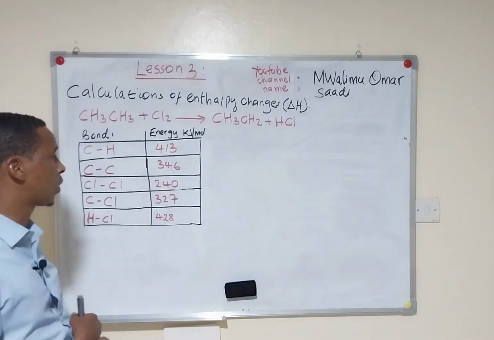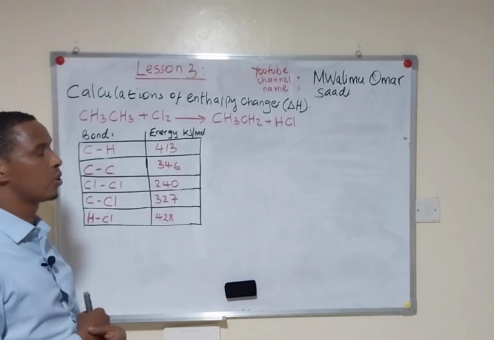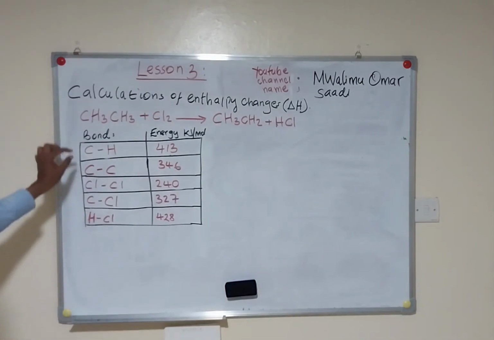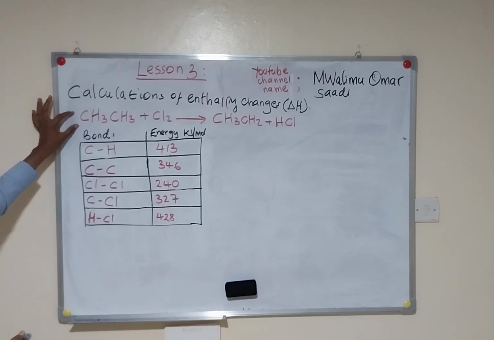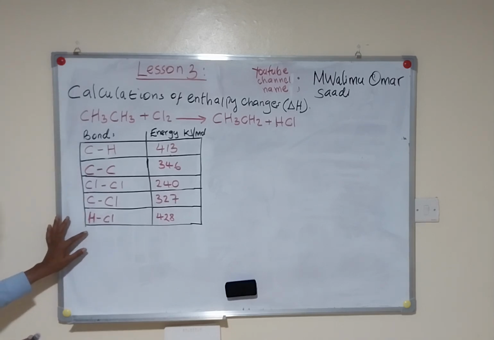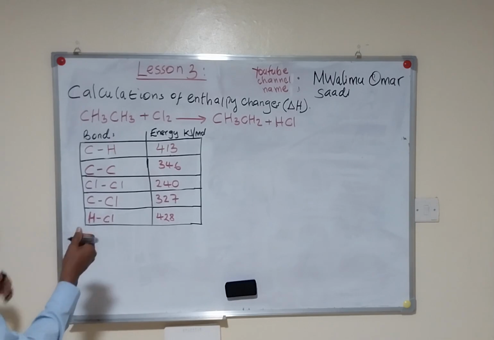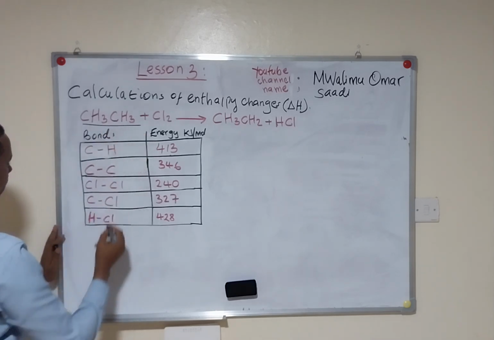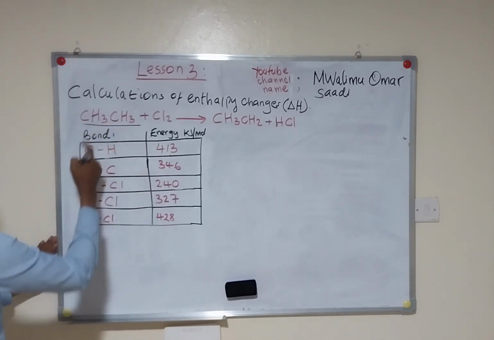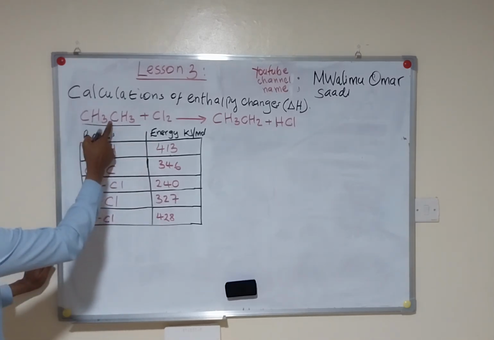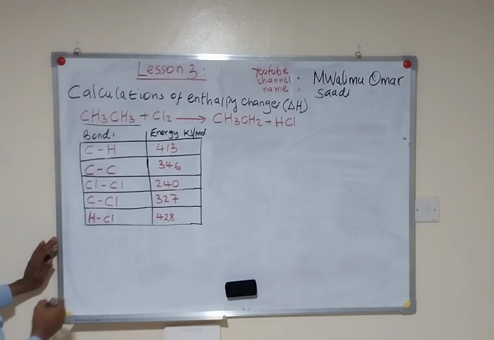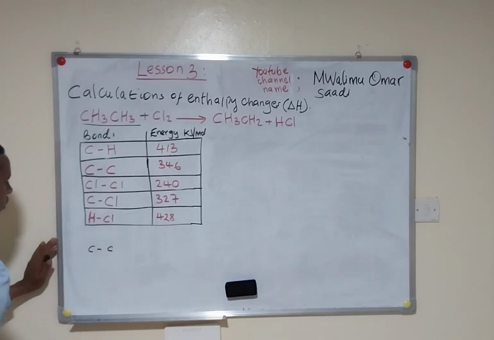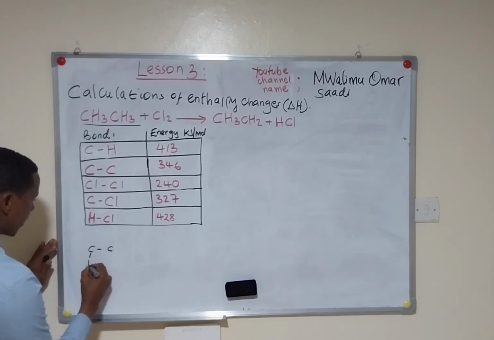For simplicity of the question, I want us to separate our equation so that we write it in a skeletal form. So here we have 2 carbons and 6 hydrogens.